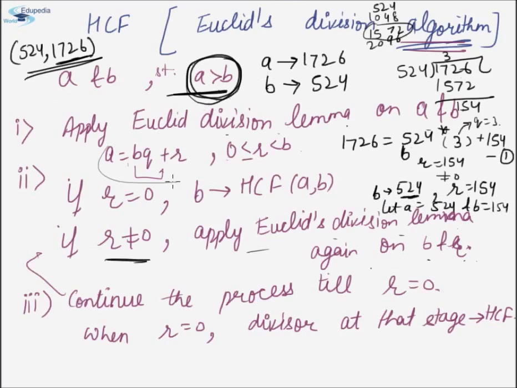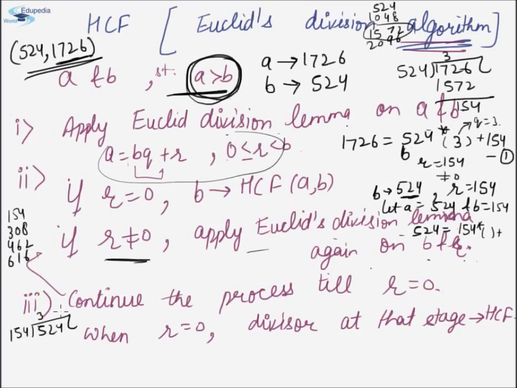So let us apply this step again, which will give us 524 as 154 into some quotient plus some remainder. So regarding the division process, 154 has multiples as 154, 308, 462, 616.